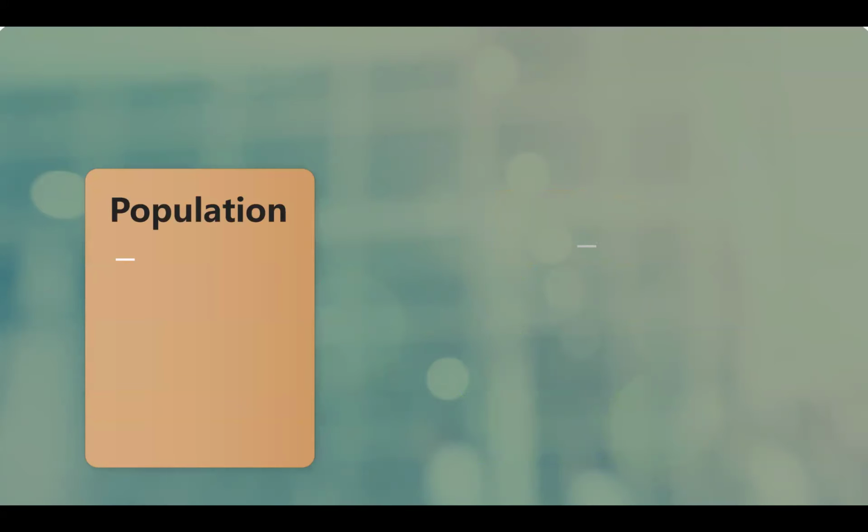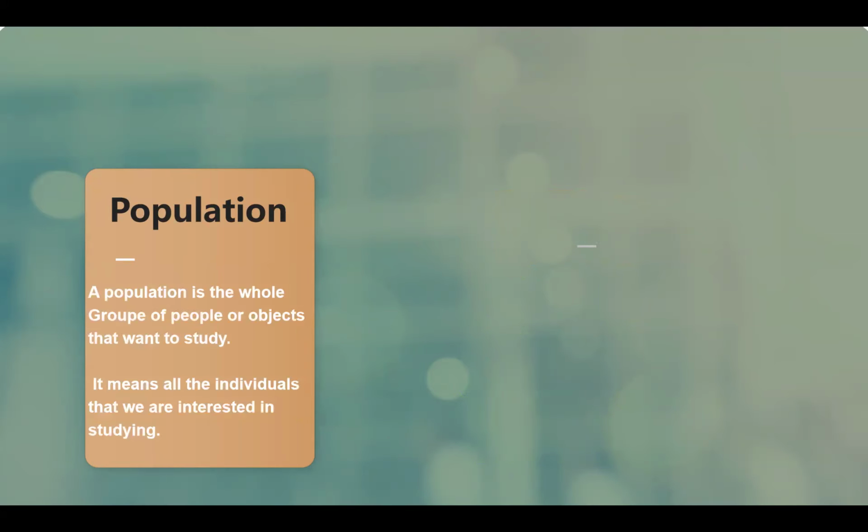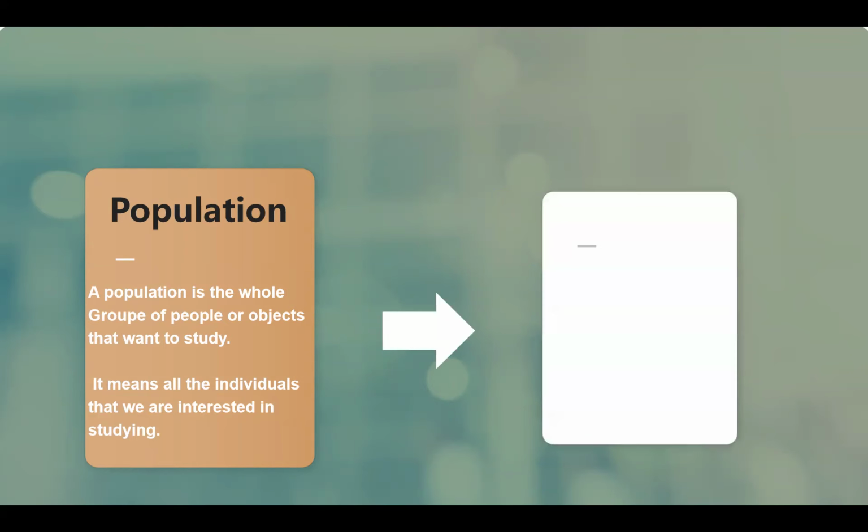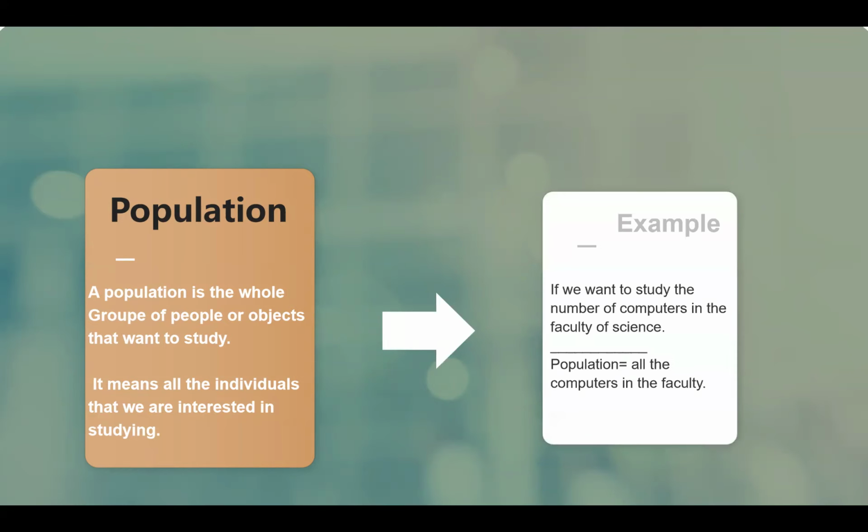Let's start with the first concept, which is the population. The population is the whole group of people or subjects that you want to study. It means all the individuals that we are interested in studying. For example, if we want to study the number of computers in the faculty of science, all the computers in the faculty represent the population.